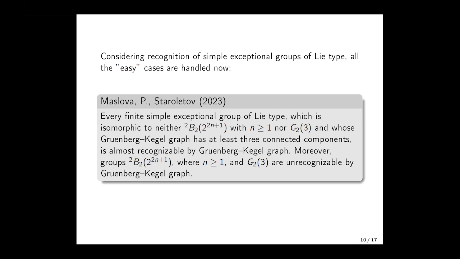When we talk about recognition by Gruenberg Kegel graph and order, there is a lot more information on the group G, so it is natural to expect that more groups are recognizable by the order and the Gruenberg Kegel graph instead of just the Gruenberg Kegel graph. It just contains more information, and like in recognizability by spectrum, a lot more groups are almost recognizable by spectrum than by Gruenberg Kegel graph, because it just contains a lot more information. Yeah, but okay, thank you.